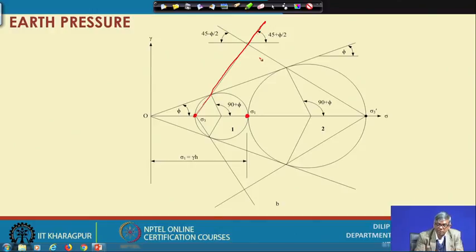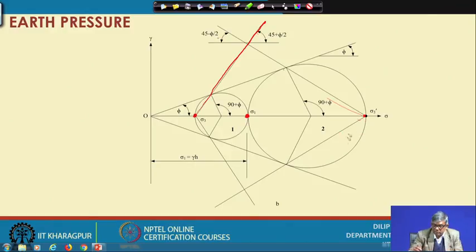So, geometrically you can find out, and this was sigma 1, and for the passive case this becomes sigma 3, so this is failure. If you join this one, you get 45 degrees minus phi by 2.